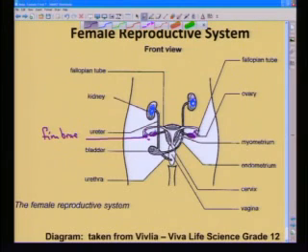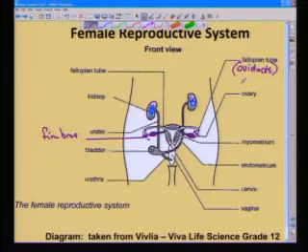Then from the ovary, we go into the fallopian tubes, also called the oviducts. It will depend on what textbook you're using. Fallopian tubes is a term I like, even though it's a little more complicated to spell, but any textbook you use, whether it's American or English, is always going to call it fallopian tubes.